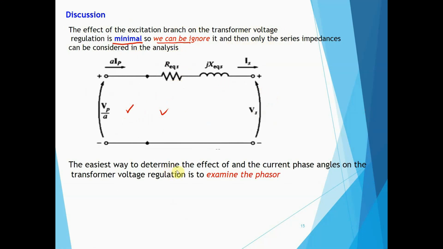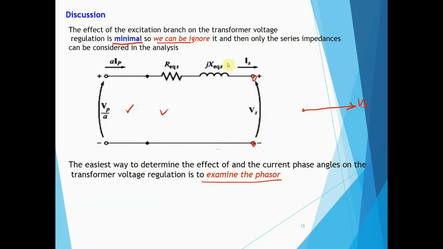The easiest way to determine the effect of the current phase angle on the transformer voltage regulation is to examine the phasor. Let us examine the phasor here. In our phasor analysis, we are going to use VS as a reference.